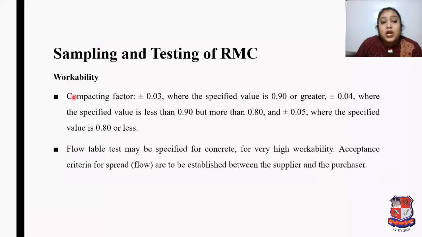For compacting factor, plus or minus 0.03 where the specified value is 0.90 or greater, plus or minus 0.04 where the specified value is less than 0.90 but more than 0.80, and plus or minus 0.05 where the specified value is 0.80 or less.